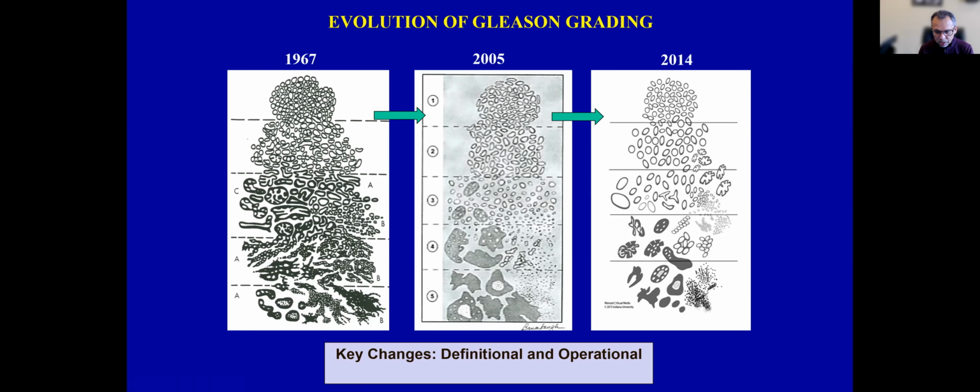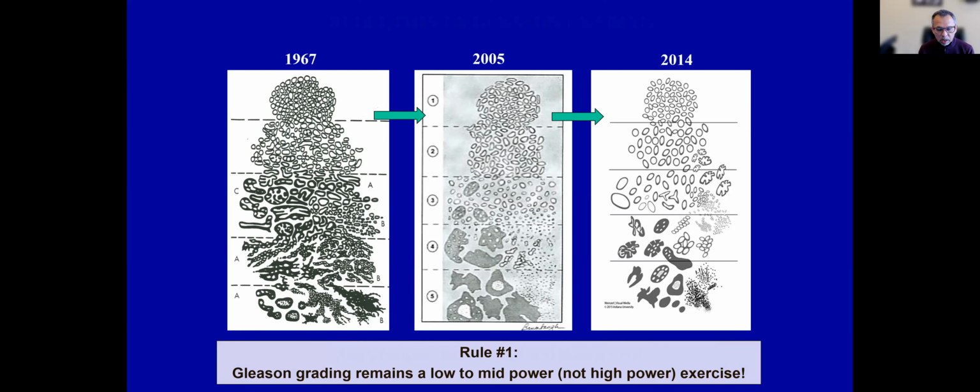I have some rules that I would like to address that can be helpful to you when you come to GU rotation in terms of how to apply them. Rule number 1: keep in mind that Gleason grading remains, even in the contemporary approach, a low to mid power exercise, because we are using low power architectural features of the tumor to determine the grade.